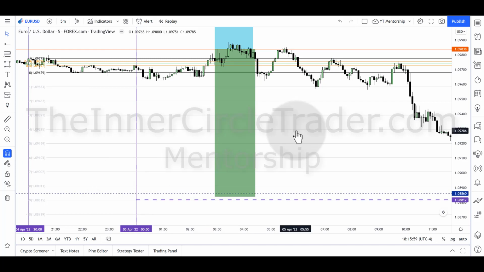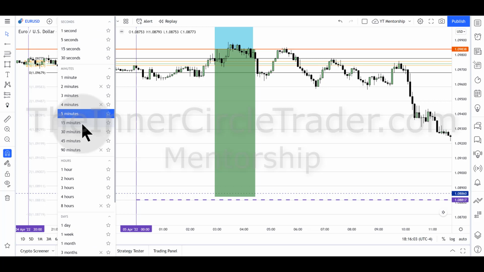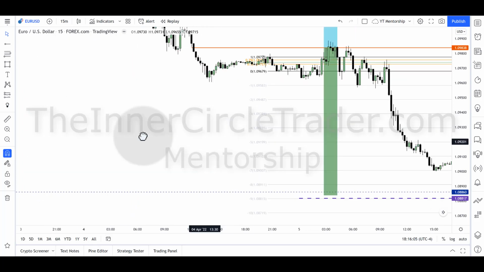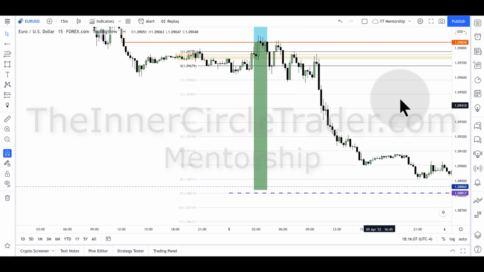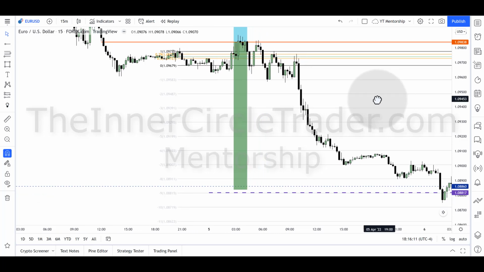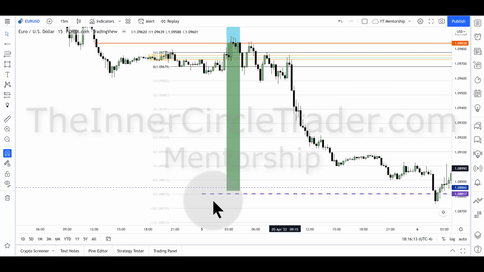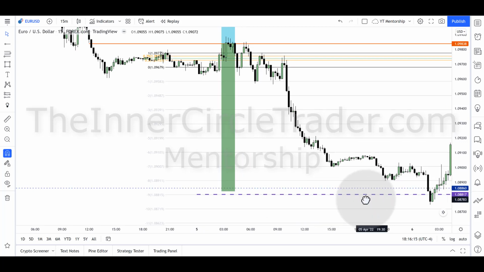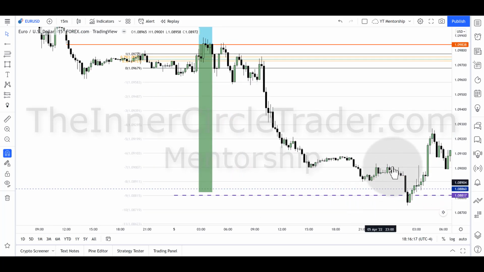Now, let's go back out to a 15-minute time frame. So we have price trading into that level here on the 6th.